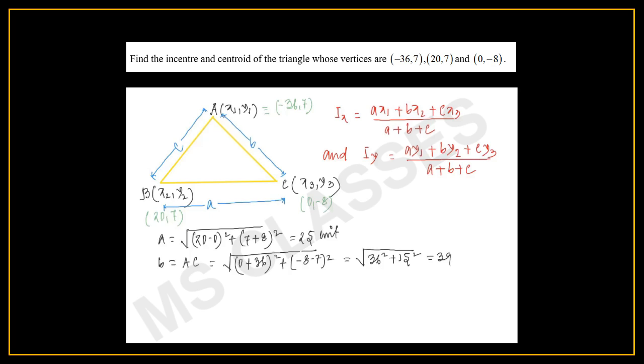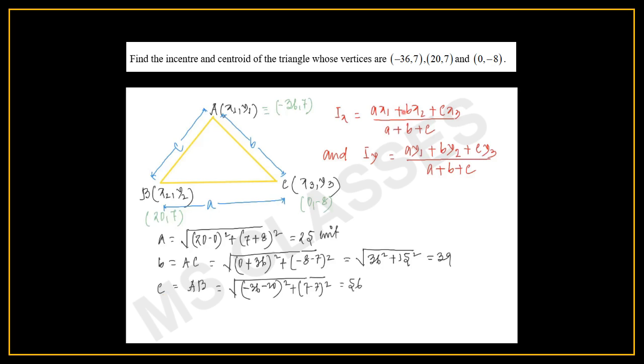And lastly, c, that is the side AB, is given by the square root of (-36 - 20)^2 + (7 - 7)^2, which gives 56. So we have got a, b, and c.